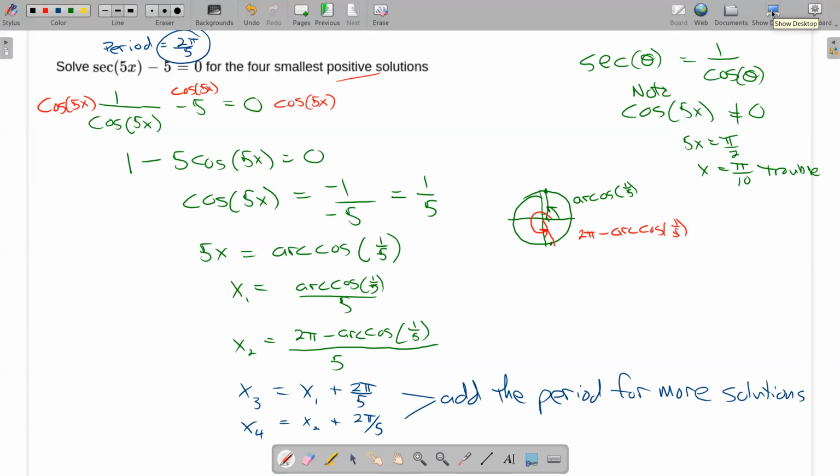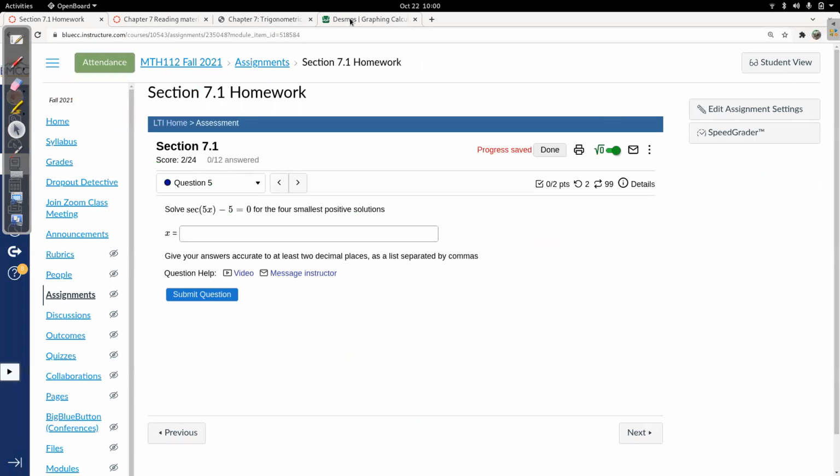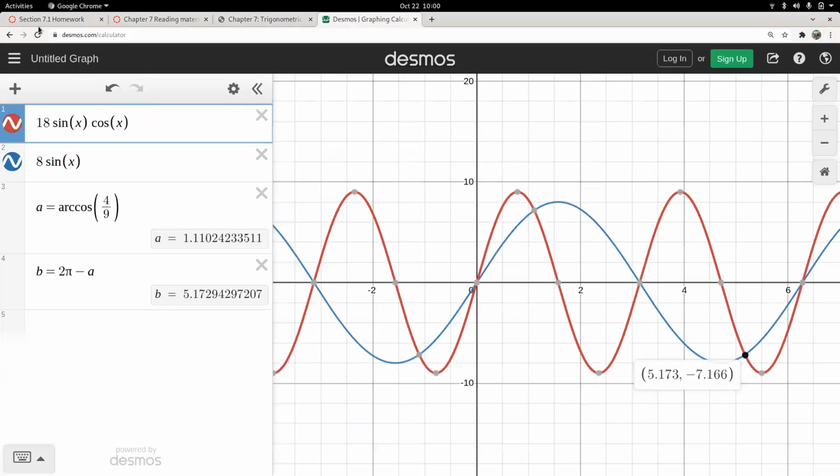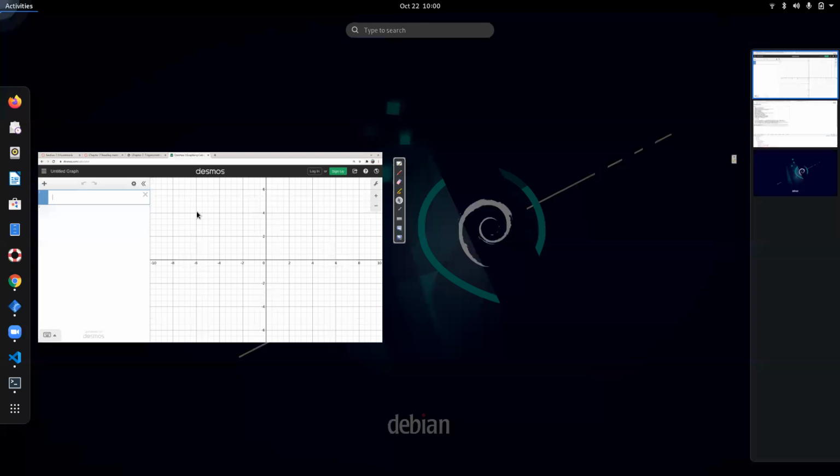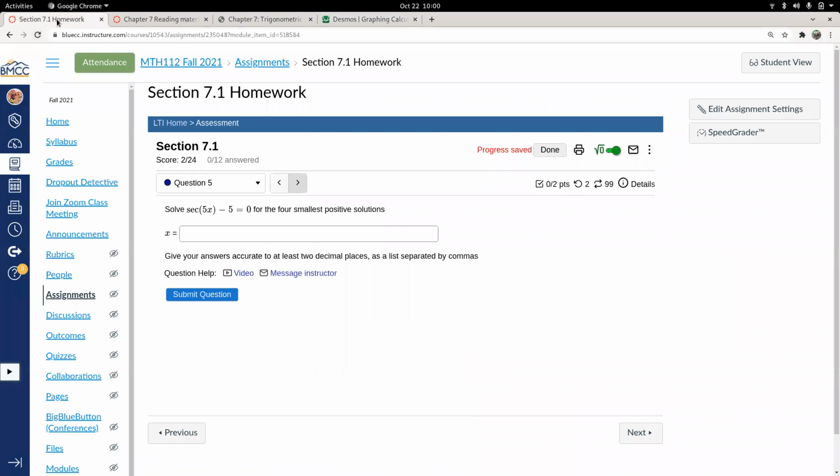Let's check that out on a calculator. Clear this. Don't they have a reload button here? What's that do? Share, nope. Undo, I guess, or that. All right, so original one was secant of 5x minus 5 equals 0.